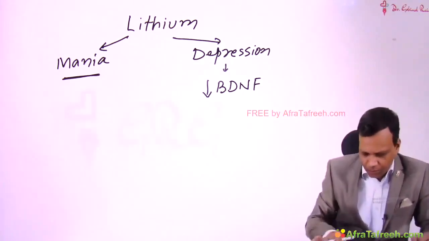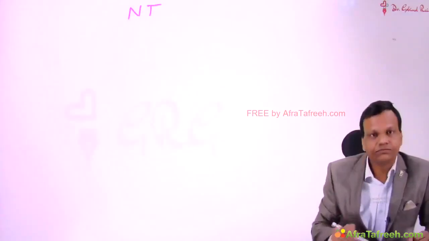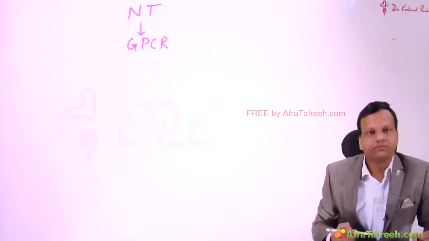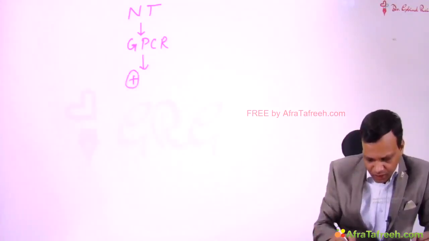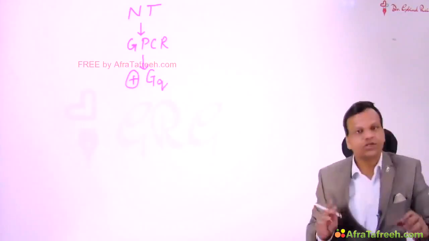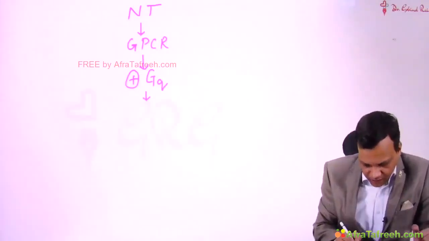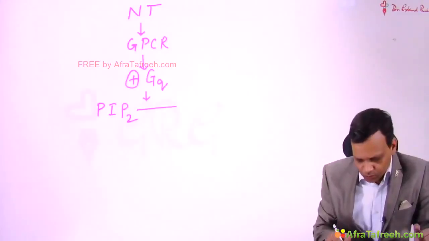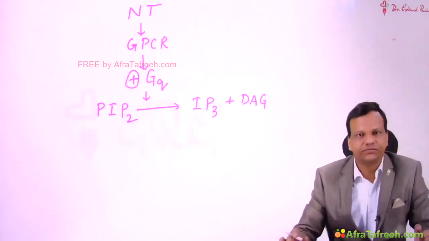So first of all, mania. We have given some neurotransmitter. It stimulates a G protein coupled receptor. When the G protein coupled receptor is activated, it will activate a G protein called Gq protein, which works through calcium. And the active component of Gq will convert phosphatidylinositol bisphosphate to inositol triphosphate, that means IP3, and diacylglycerol, that means DAG.